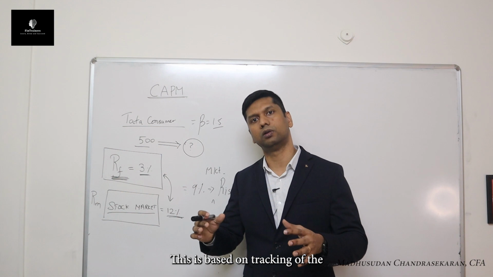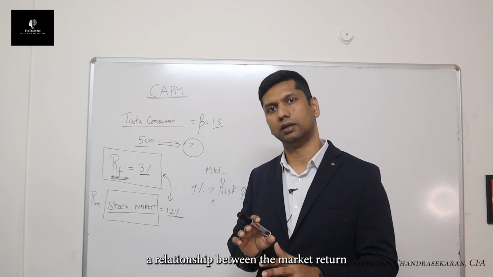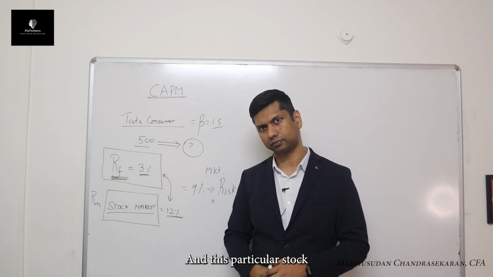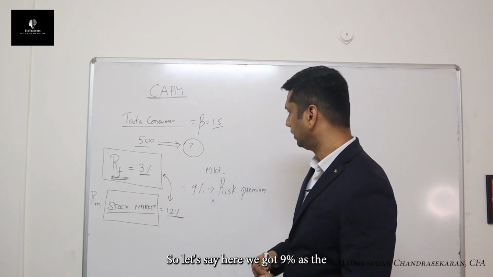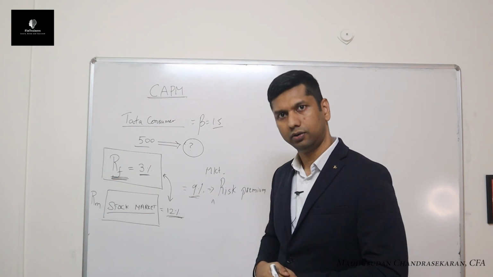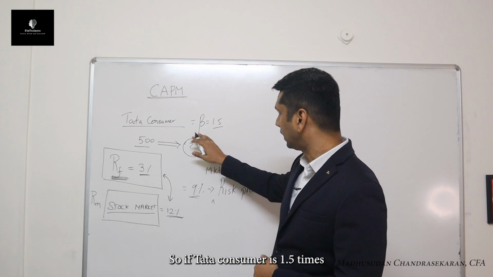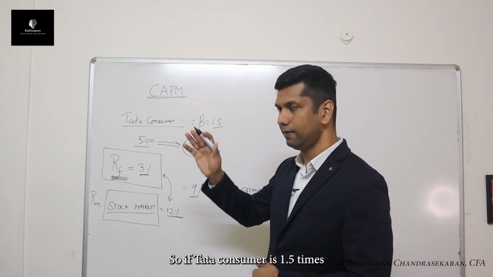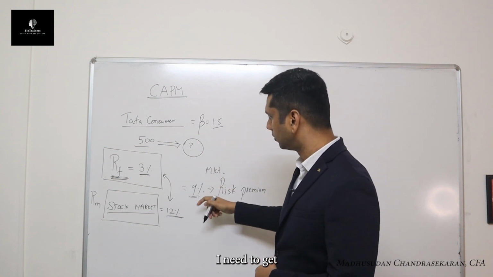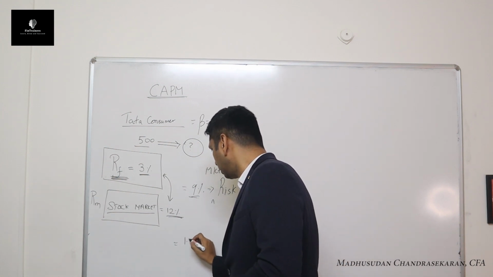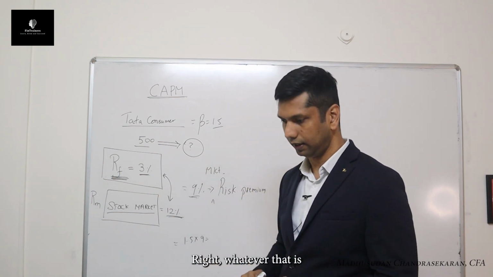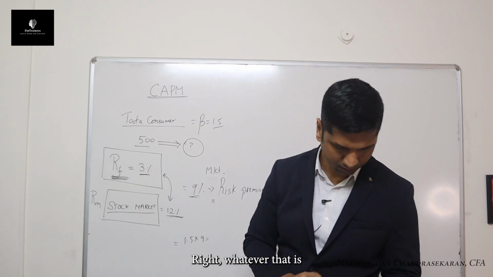This is based on tracking the relationship between the market return and this particular stock. So let's say here we got 9% as the risk premium. If Tata Consumer is 1.5 times riskier from a market standpoint, I need to get 1.5 into 9, right? Whatever that is.